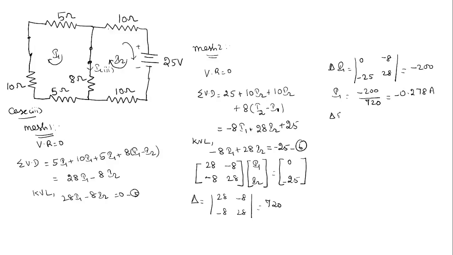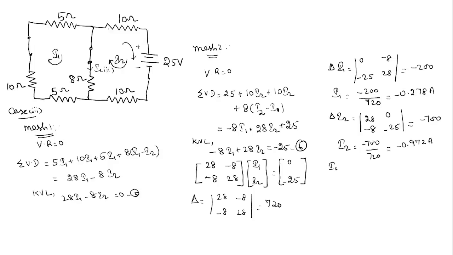Next, delta I2: the first column will remain the same, 28, minus 8, and the second column is replaced with the right hand side matrix. On simplification, this will become minus 700. So I2 will be equal to delta I2 divided by delta, which is minus 700 divided by 720. This comes to around minus 0.972 ampere.